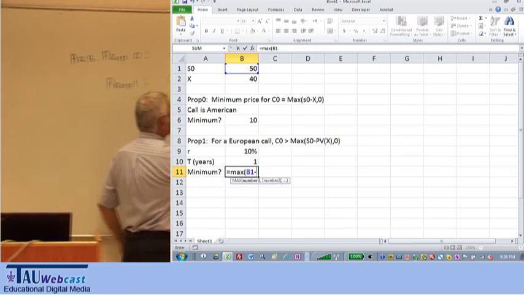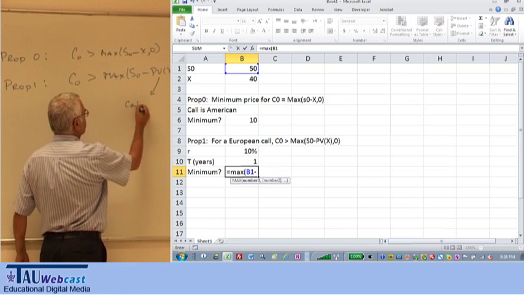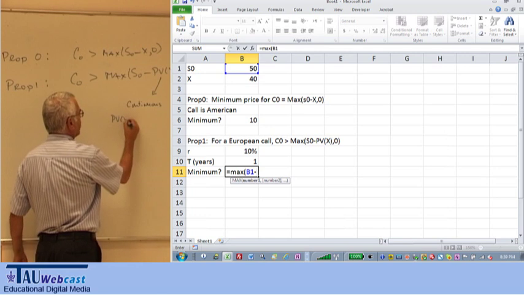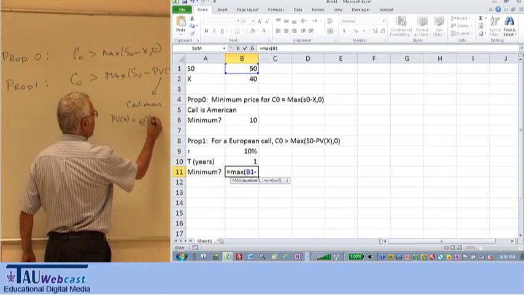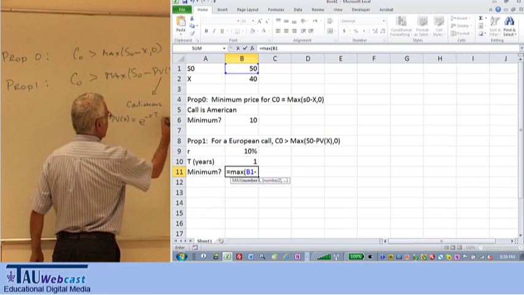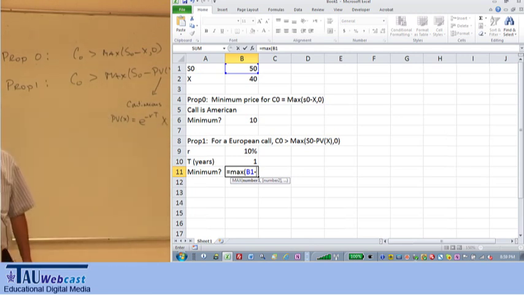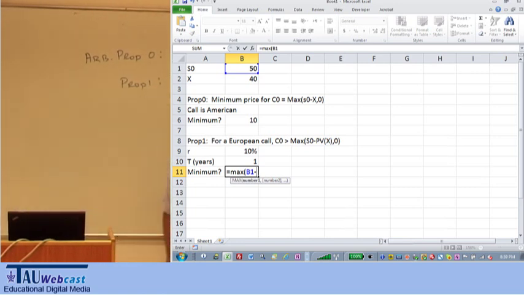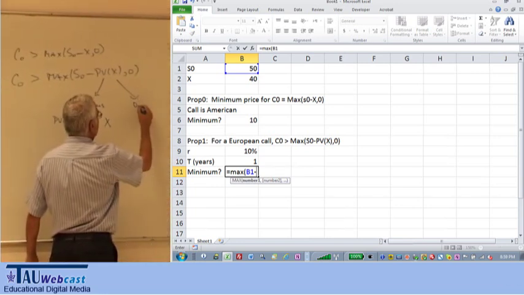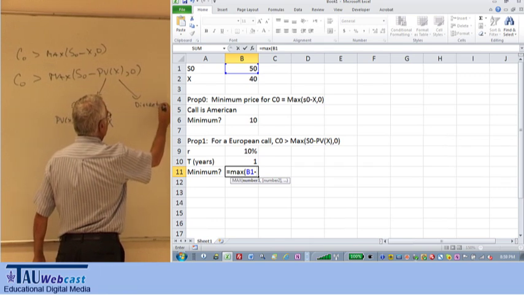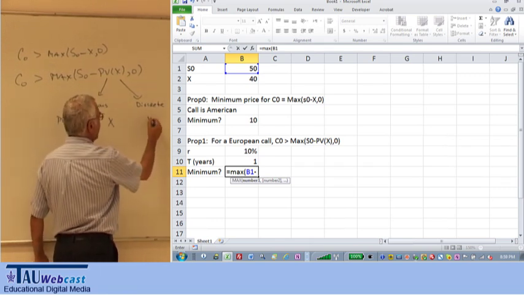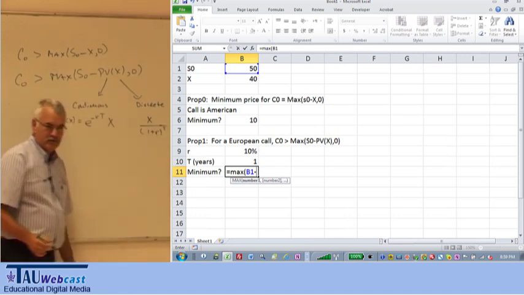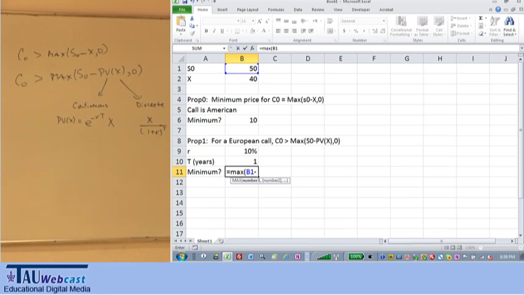Okay? So for example, if it's continuous, then the present value of X equals e to the minus rT times X. If it's discrete, the present value equals X divided by 1 plus r to the power T. It just depends.